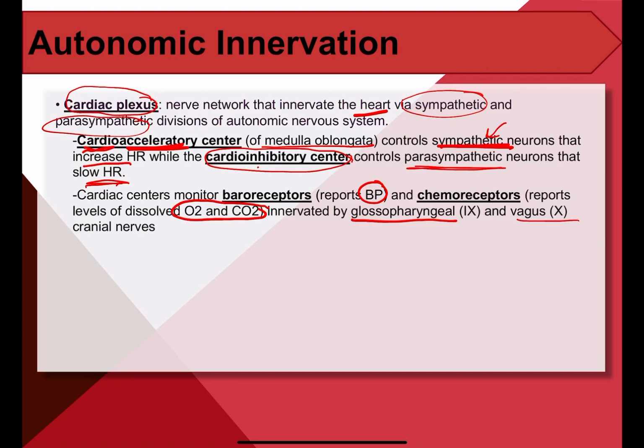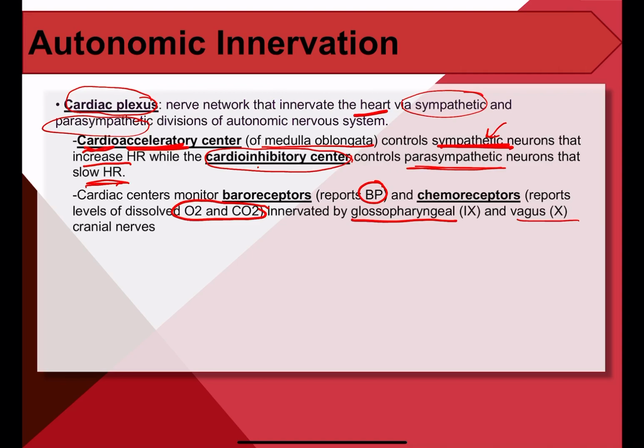So the brain will then send out, via autonomic innervation, via the cardioacceleratory center, signals that activate sympathetic neurons to increase your heart rate by releasing the correct neurotransmitter towards that portion. That's when your brain needs to intervene: when your homeostatic regulation goes out of whack.